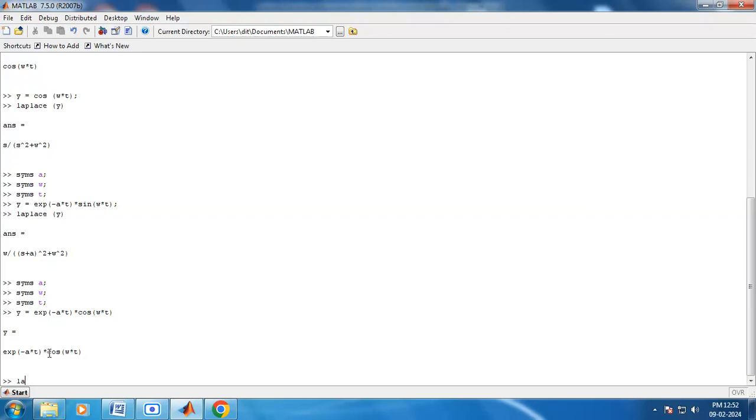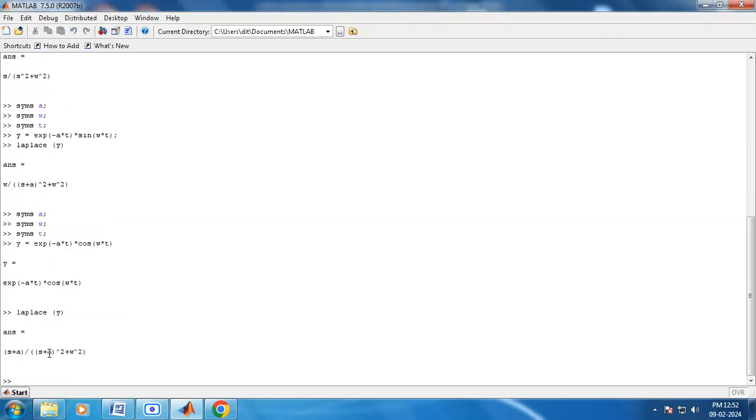So Laplace of function y, we are expecting the result here, so we should not put the semicolon. It is s plus a divided by s plus a whole square plus omega square. So these are the examples of how we will perform the Laplace transform of the function.